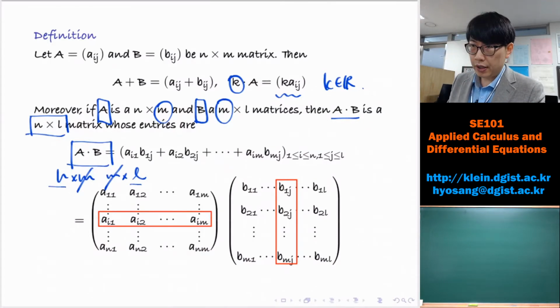And how do you define the entries of this A times B matrix? It's very easy.